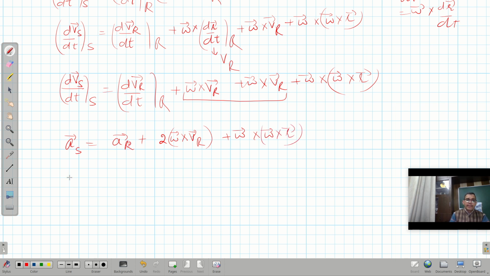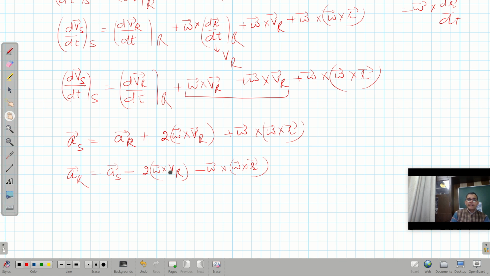So acceleration in the rotating frame can be written as acceleration in the stationary frame minus 2 omega cross vr minus omega cross omega cross r. So this is the required expression which we are getting.